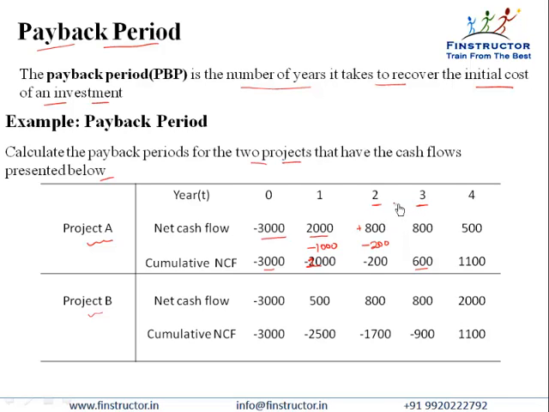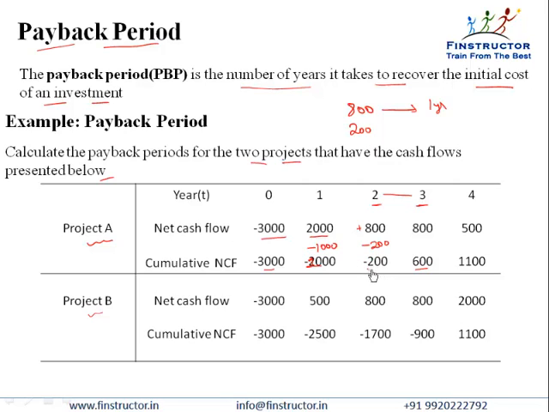So let's assume that the cash flows are coming uniformly throughout the year. So we are getting $800 in the one year, that is the third year. So in how much time will I get the $200 that I need?